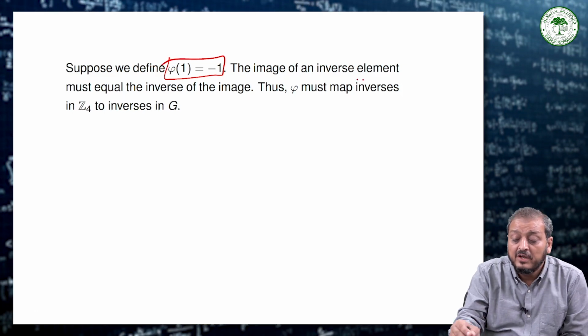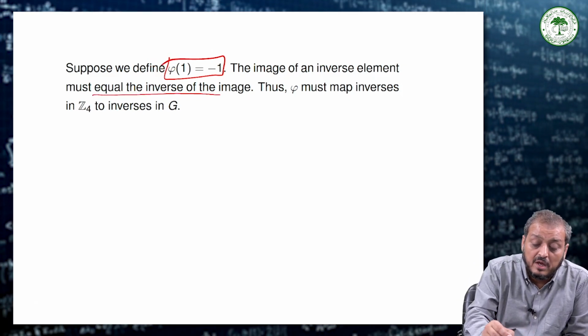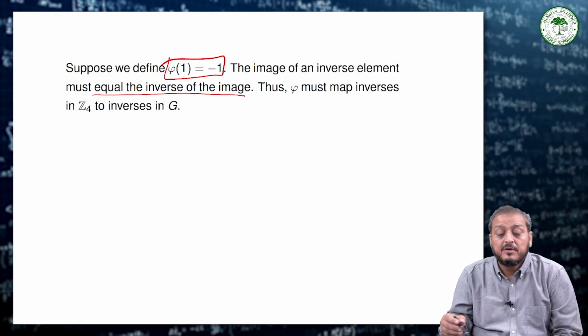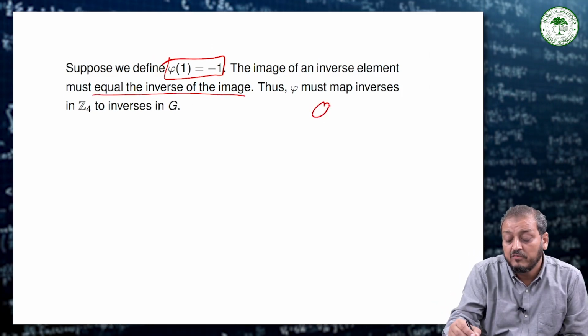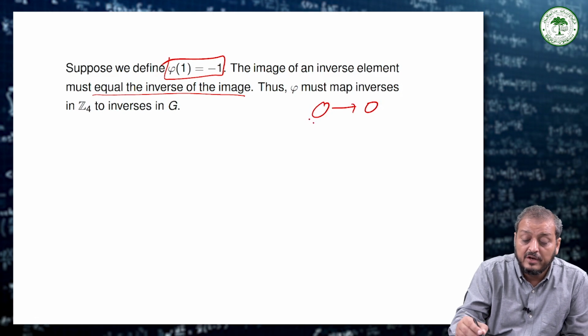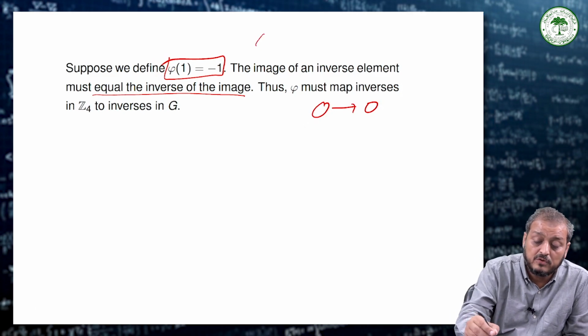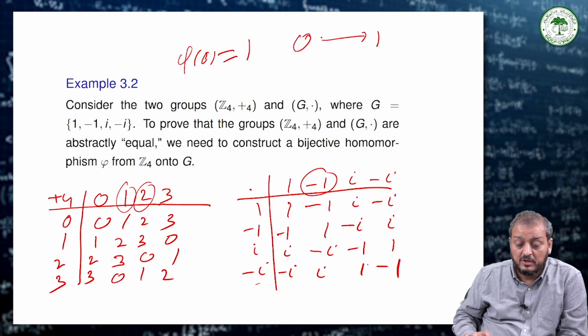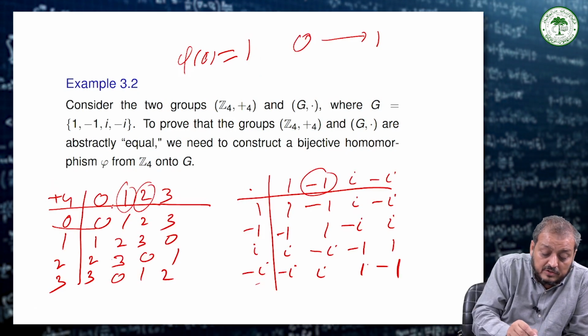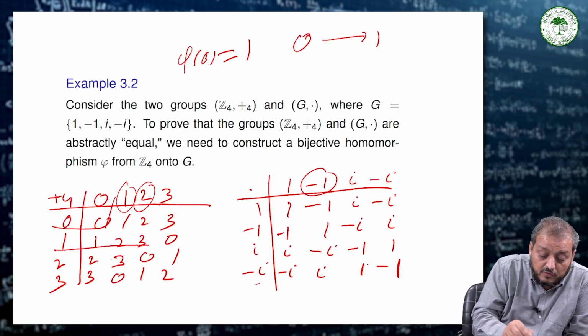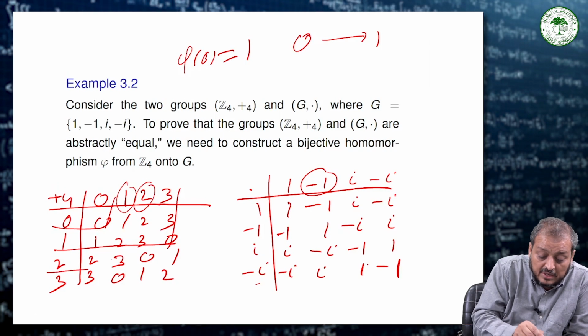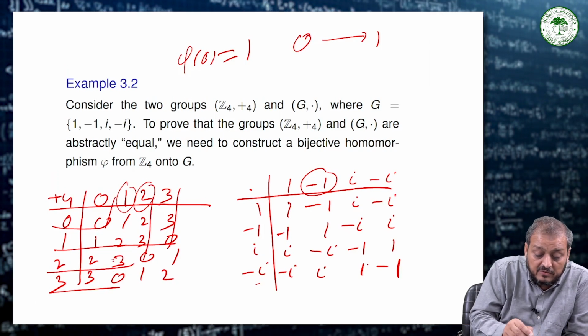Now, the image of an inverse element must be equal to the inverse of the image. You see 0 is the inverse of 0, 1 is the inverse of 3, 2 is the inverse of itself, and 3 is the inverse of 1.